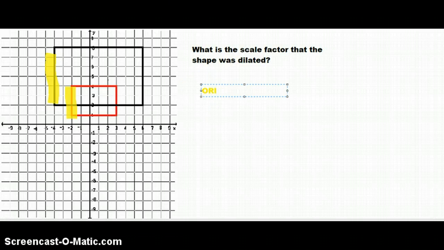So we'll say original is 3. Now we can say that the new shape has a height of 6. New is 6.